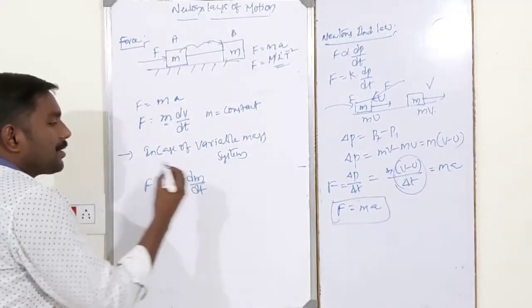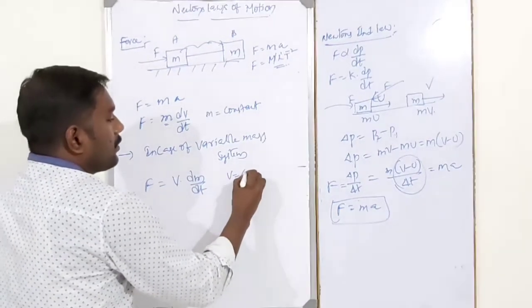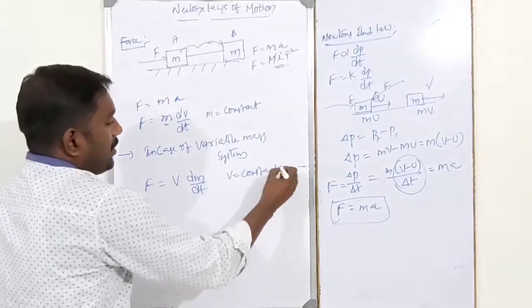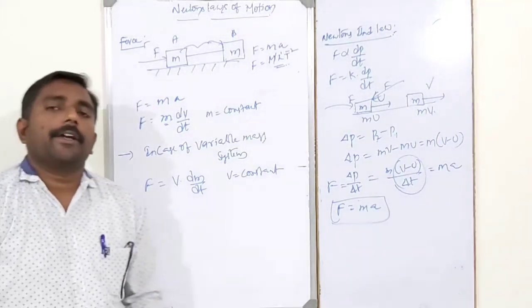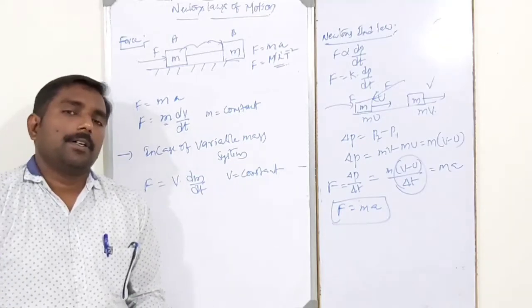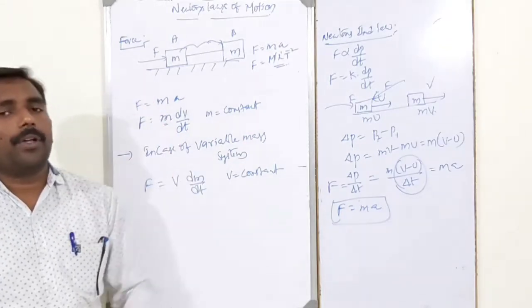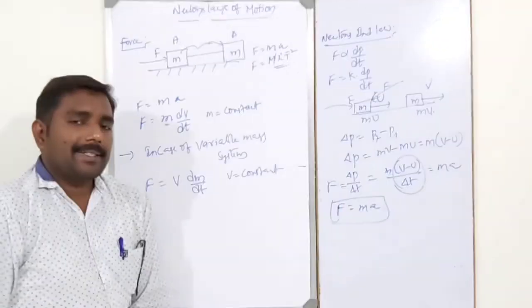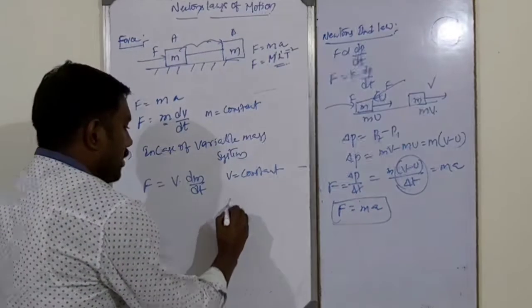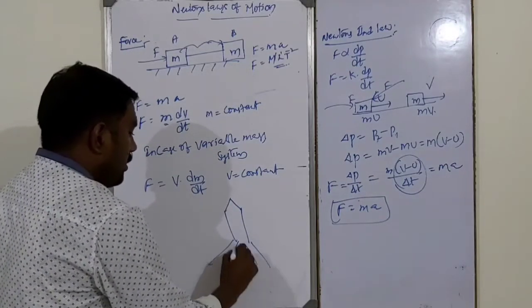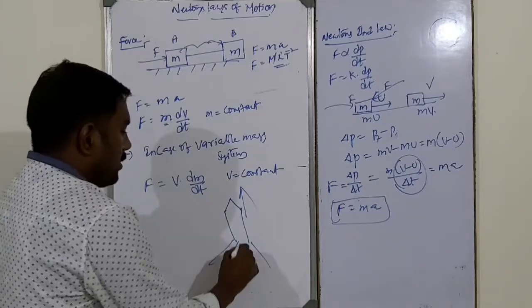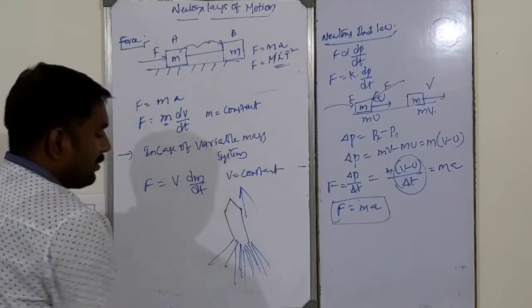In this case, V is constant and mass changes. An example of a variable mass system is a rocket. The rocket is moving upwards, with gases ejected in the backward direction like this. This is the upward velocity, and this is the backward thrust.